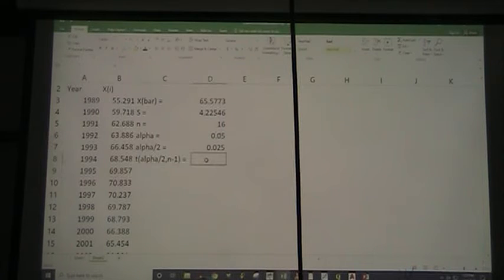All right, well, one thing I could do, let me see if I can remember how to do this correctly. Equals T distribution, two-tailed, so 0.05, comma, degrees of freedom is 15. Is that right? Oh, no, I don't believe that's right.